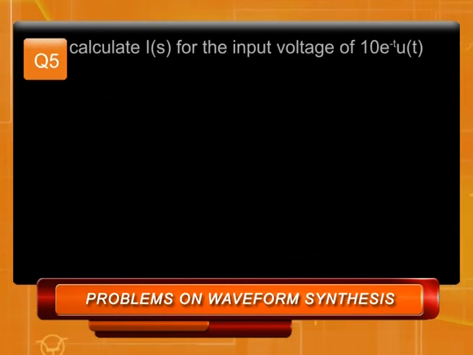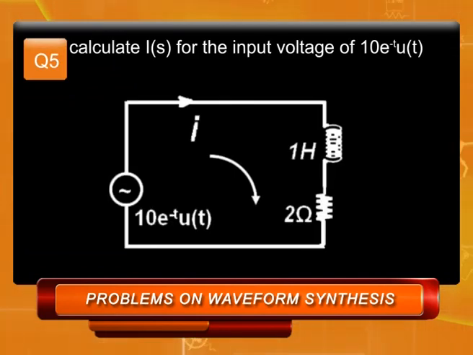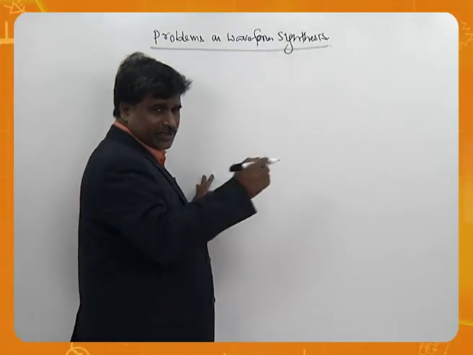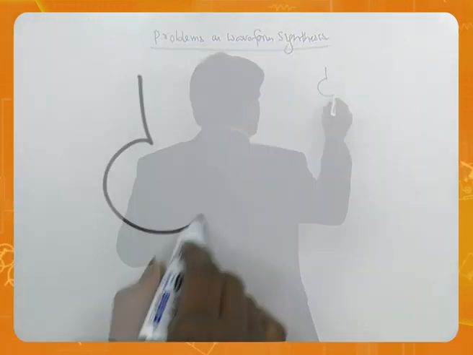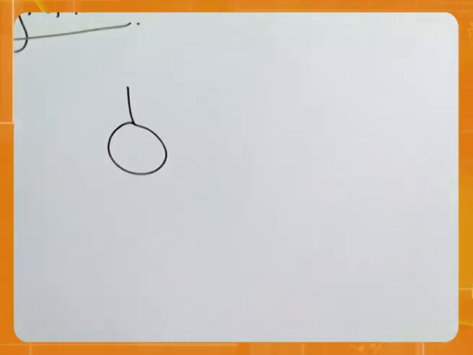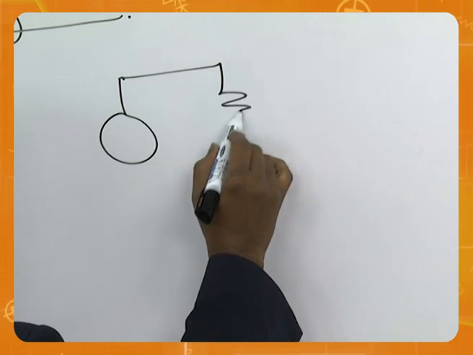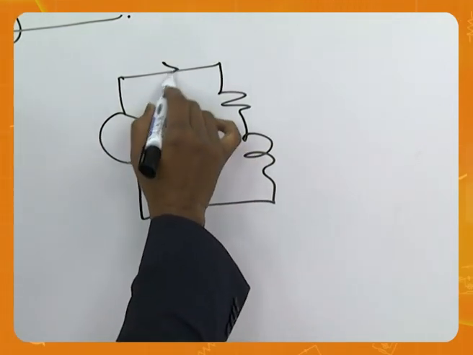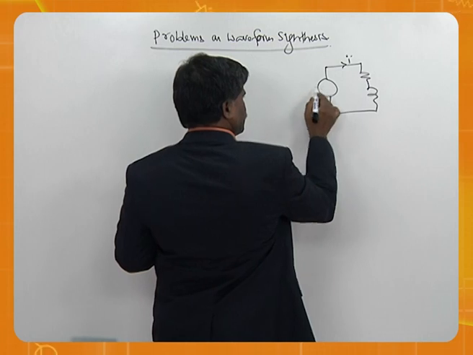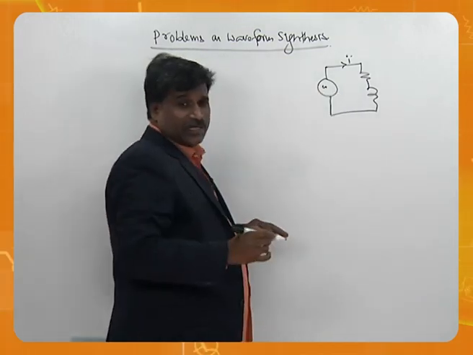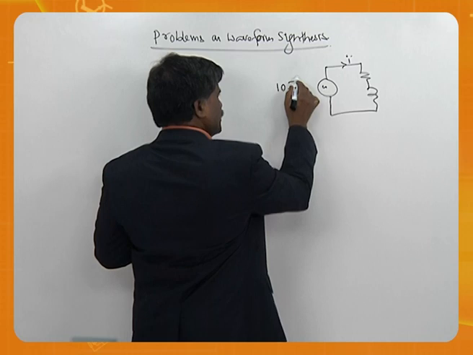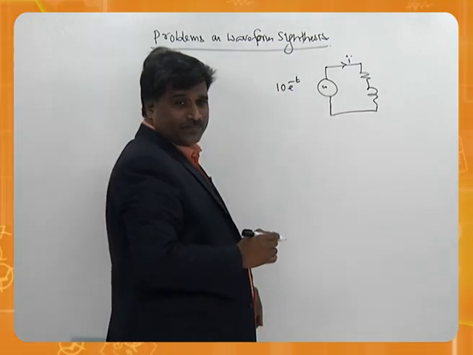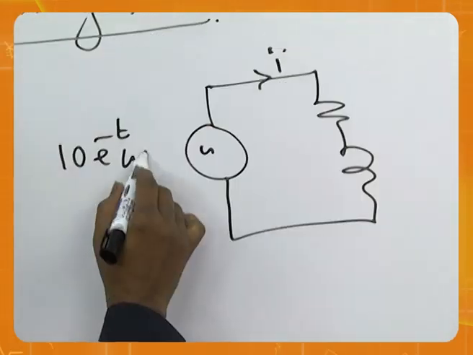Let's go to fifth problem. Calculate I of s for the input voltage given 10 into e power minus t ut. Once again, ut means switch. Then if you look at the circuit, it is given as just L. There is a resistor and inductor, I. This is 10 into ut, 10 into e power minus t into u of t.